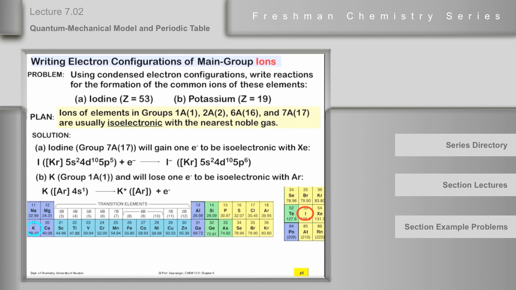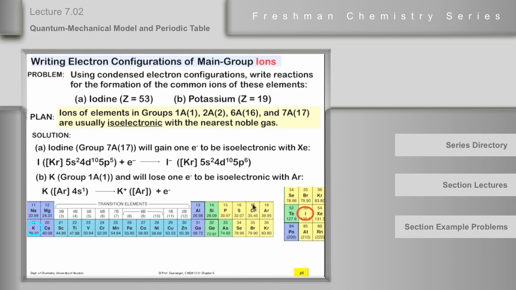So we use the noble gases to tell us how many electrons to add or subtract from the atom in question. Potassium is over here on the far left side, and it is in the 4th period. Its nearest noble gas is argon. Potassium is 19, argon is 18. So potassium will be argon plus 4s1. And the ion of potassium will be a positive ion because the closest noble gas is argon.